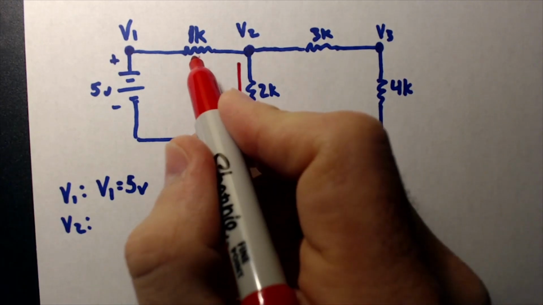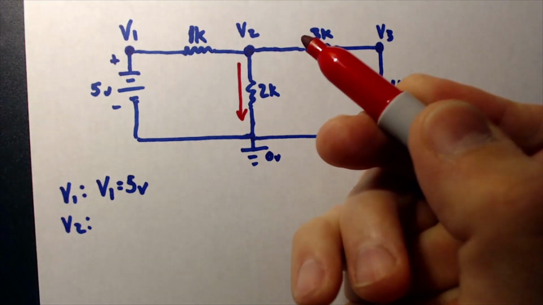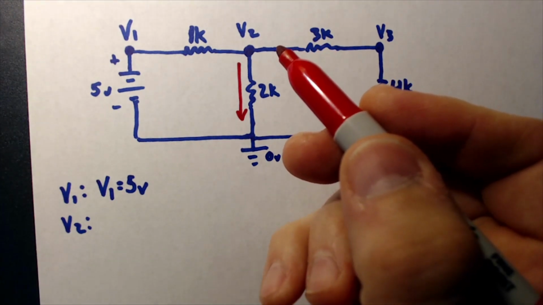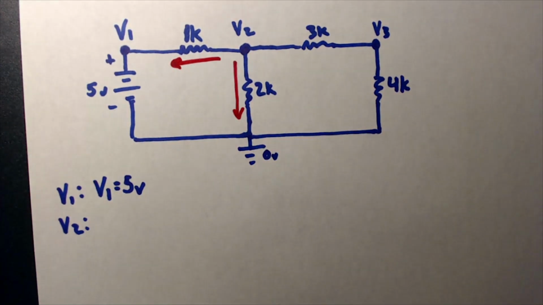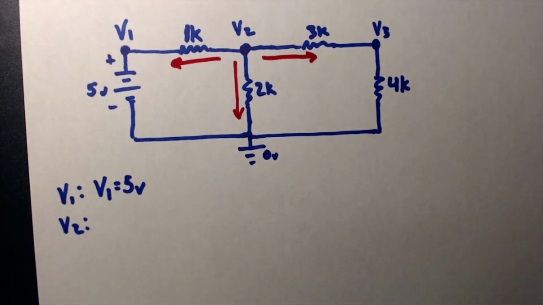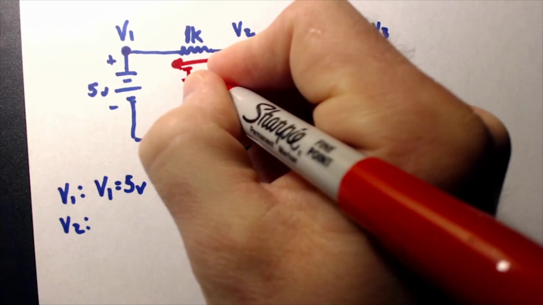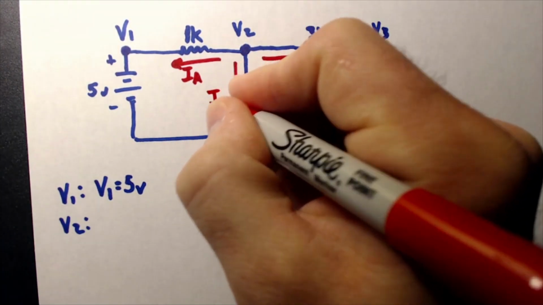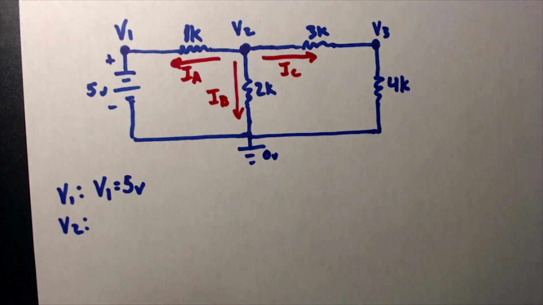And now for this 1K over here, is the current leaving V2 or entering V2? It doesn't matter, you're going to arrive at the same equation either way. I'm just going to pick it to be leaving. And the same thing for our third one. Okay, now I'll label these IA, IB, and IC. Okay, so they're all leaving that node V2.